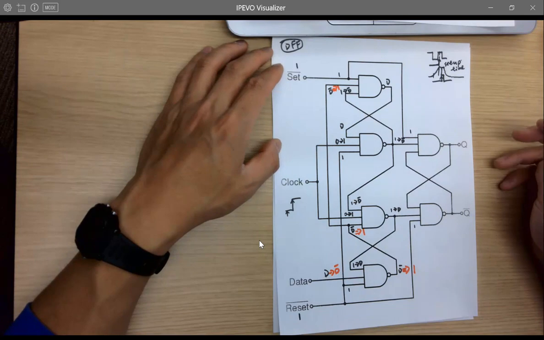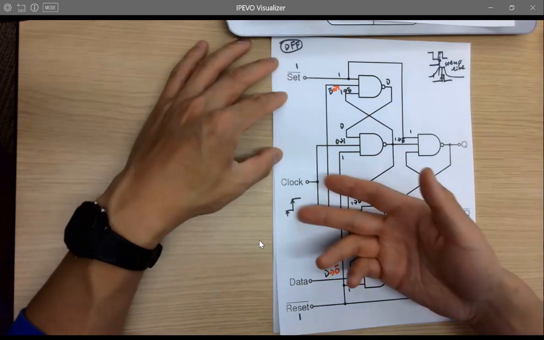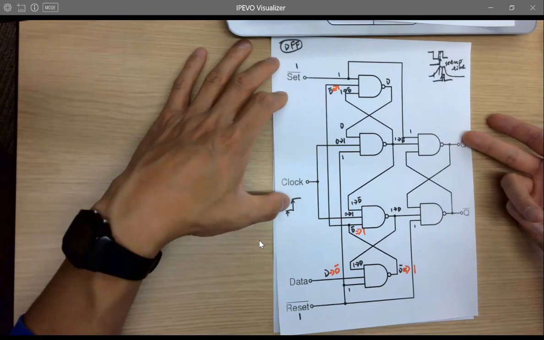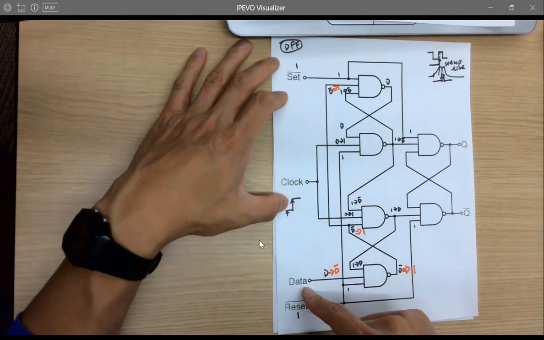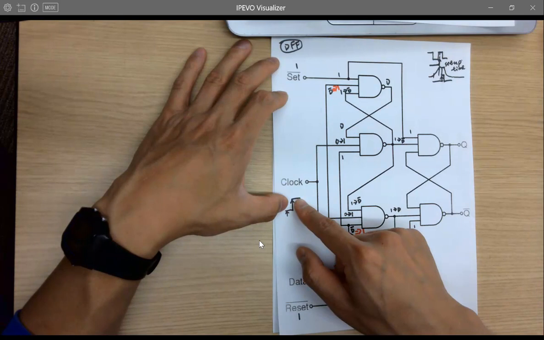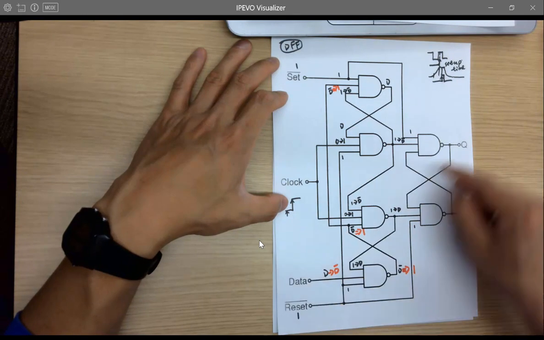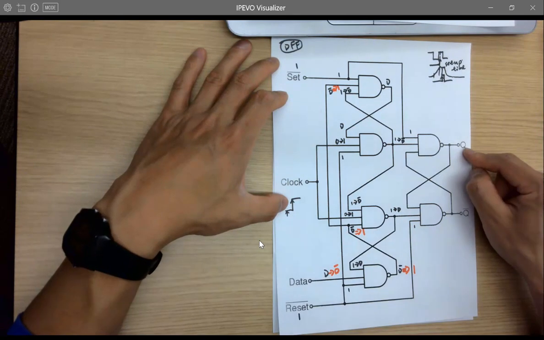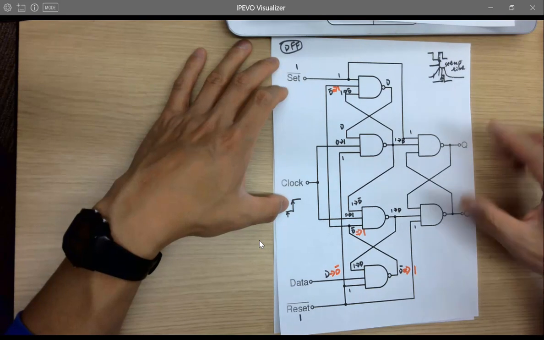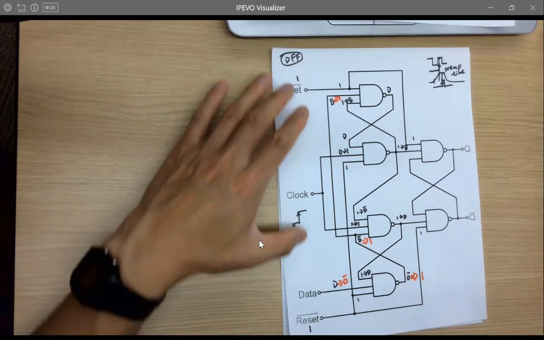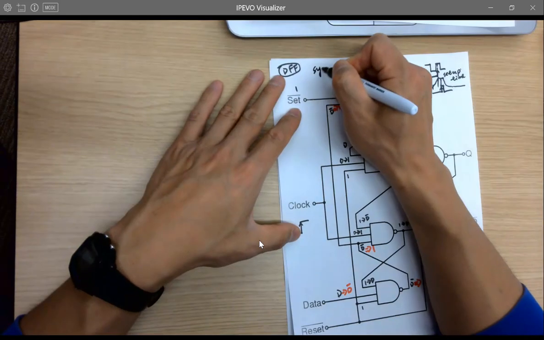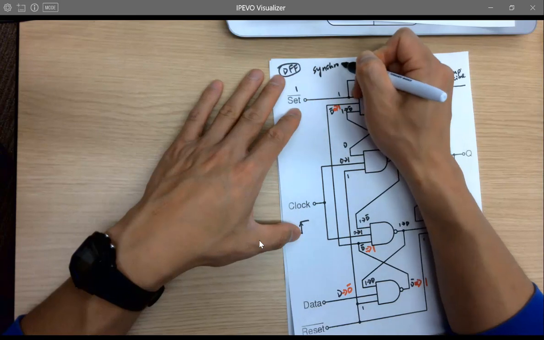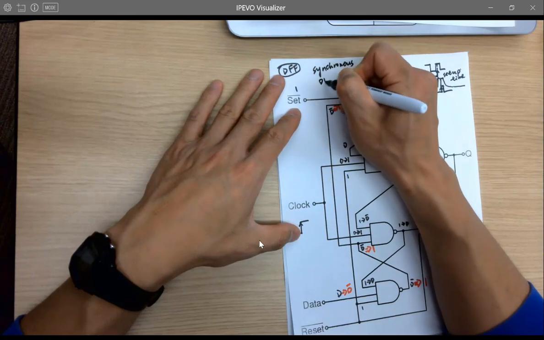It's pretty much everything. So it's verified because the rising edge is not changing D, and also the rising edge is sampling D. But whenever it's at logic 1 and D changes, it's not changing Q. That's why it's called a synchronous D flip-flop.